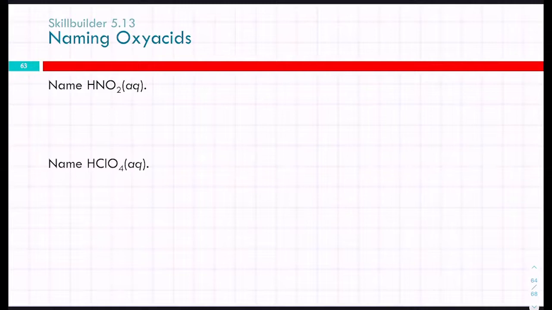All right, so now we have hydrogen in front, but we have more than one nonmetal after that. So we know it's an oxyacid. Also the fact that it contains oxygen. So what would the name of the base oxyanion formed from nitrogen be?